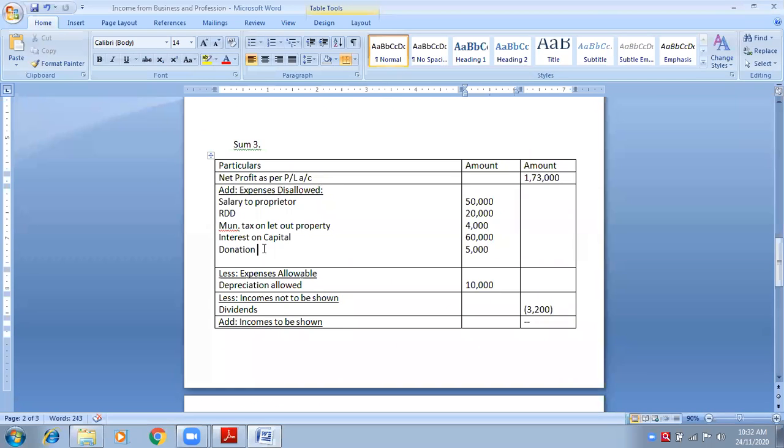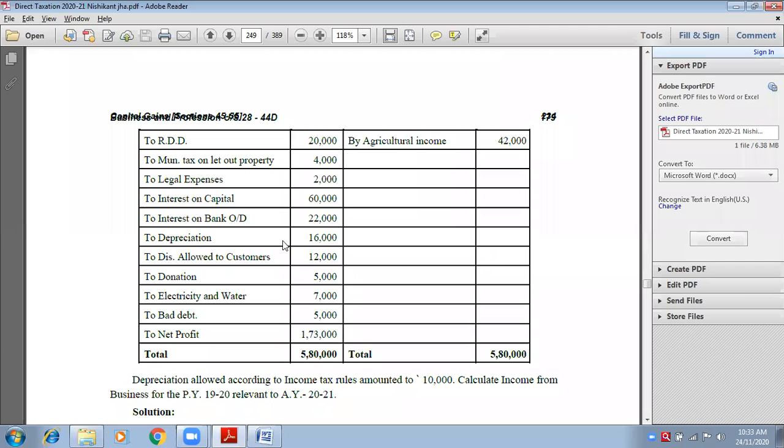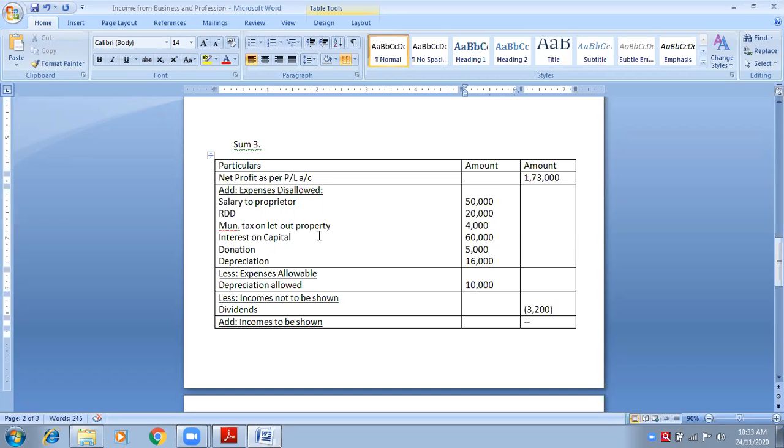But before that, you need to disallow the depreciation which is shown by you, which is wrong. Depreciation disallowable. How much is disallowed? 16,000. First step is depreciation which is inside the P&L has to be disallowed. 16,000 is inside the P&L, has to be disallowed completely.